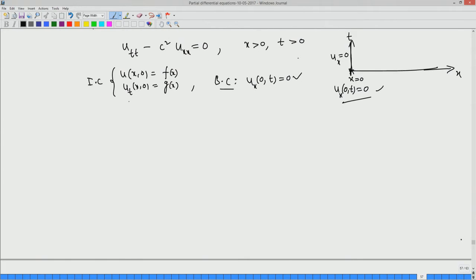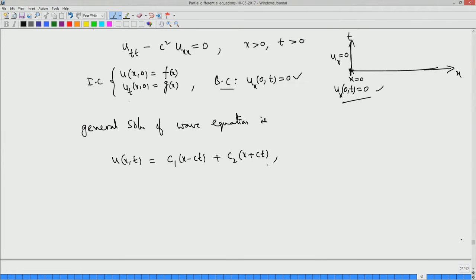So, we do not really extend it as an even function here like we did earlier. What we do is we take the general solution of the wave equation that we already know. The general solution of the wave equation is u(x,t) equal to c1 of (x minus ct) plus c2 of (x plus ct), where c1 and c2 are arbitrary functions.